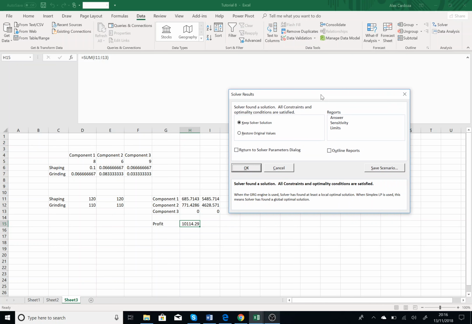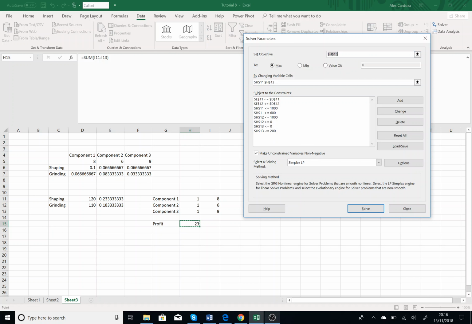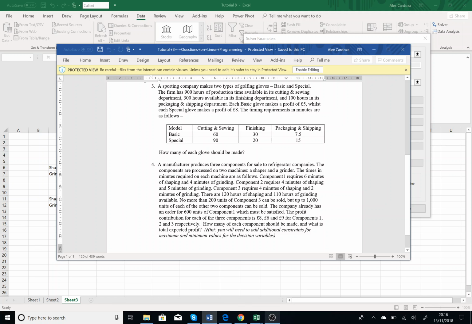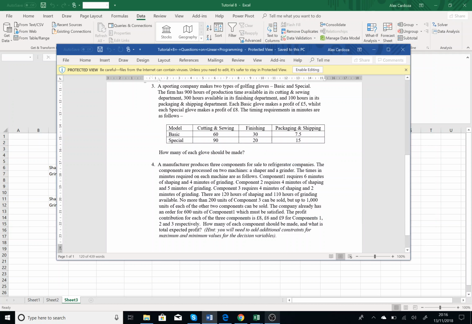So component 3's gone down to 0, which is incorrect. So we need to review our things. I must have said no more than 3. Okay, I'll solve it again.